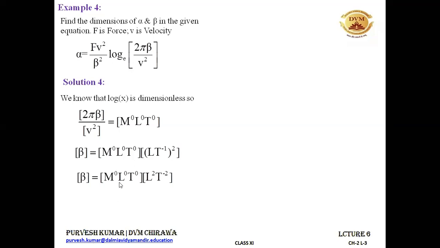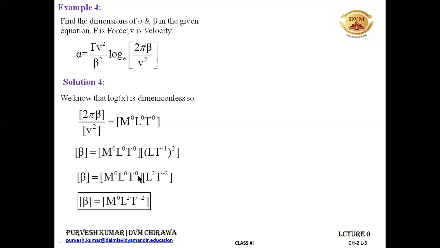Solving it out, finally you can write the dimensions for beta is equal to m0 and L2 t minus 2. We know that when the bases are the same and powers are different, the powers get added in multiplication. So here L0 is multiplied by L2, so 0 plus 2.